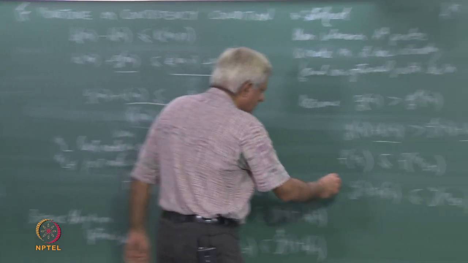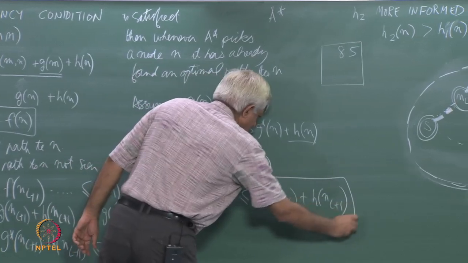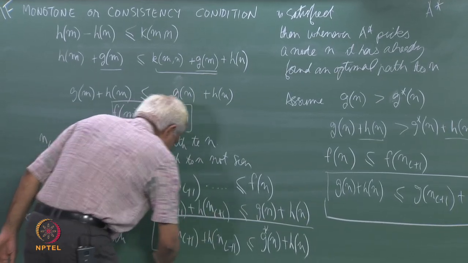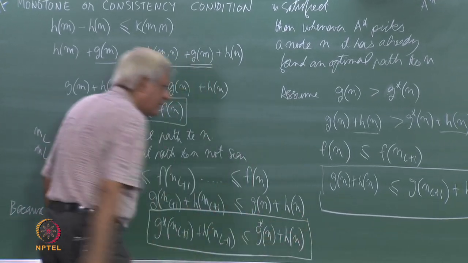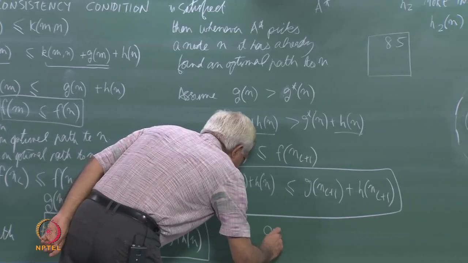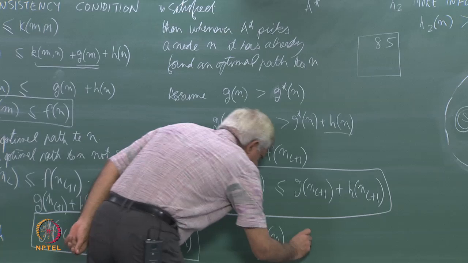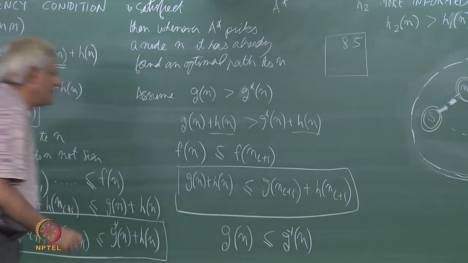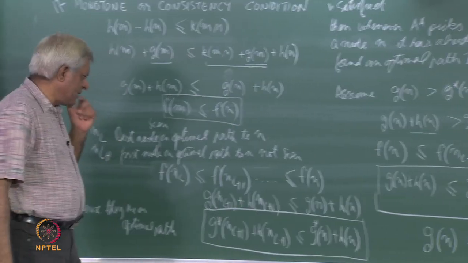So, I wanted to look at this one and this one. I want to basically arrive at g of n is less than or equal to g star of n using these two, but I have a star sitting there.